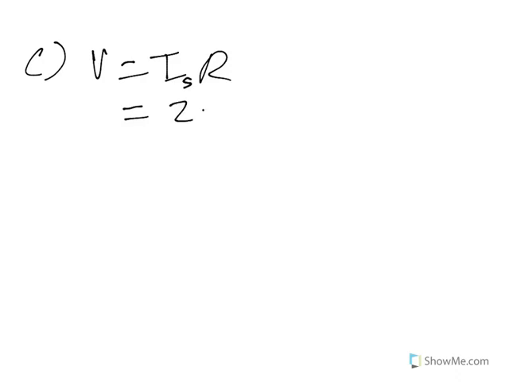So the current in the secondary was 2.5 times your 5 ohms, which is 12.5 volts, much better than the 250 volts before. I've actually labelled that incorrectly. This is B, not C.